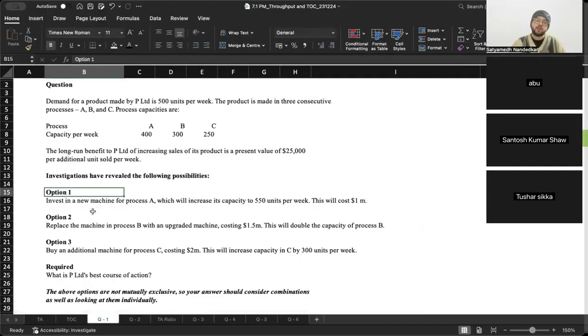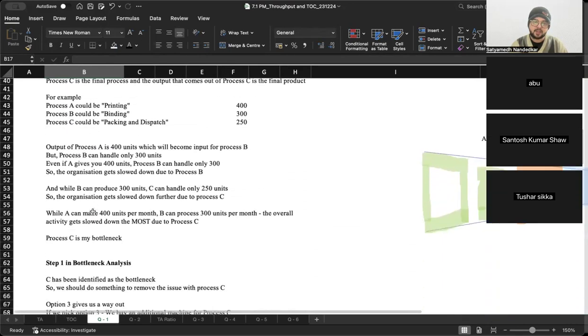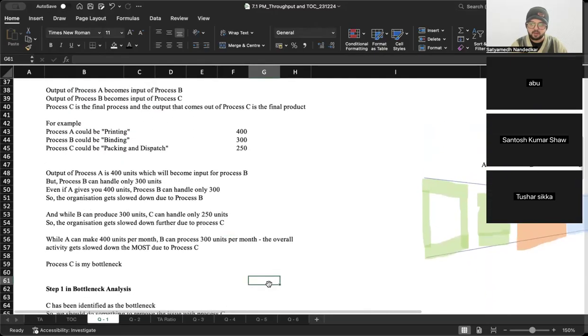For that, we'll have to go ahead with option 1. Invest in a new machine for process A, which will increase its capacity to 550 units per week.